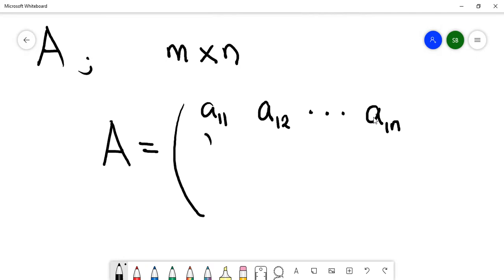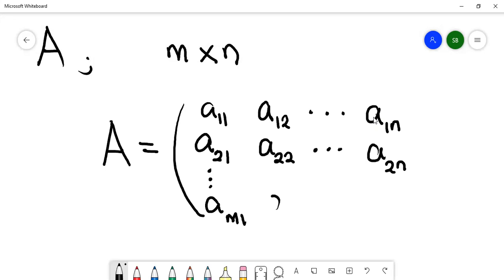I'll move to the second row. We have A21, A22, and we continue to the last entry in the second row, nth column. This can be continued up to the mth row, that is, we have Am1, Am2, and this procedure can be continued to the last entry at the mth row, nth column.